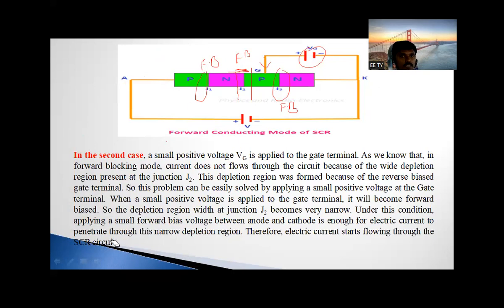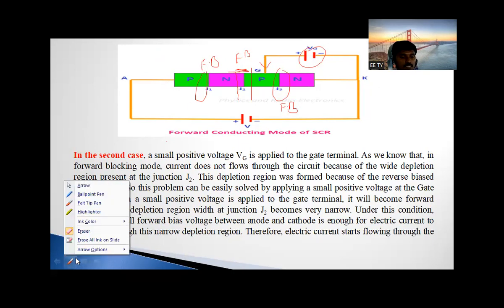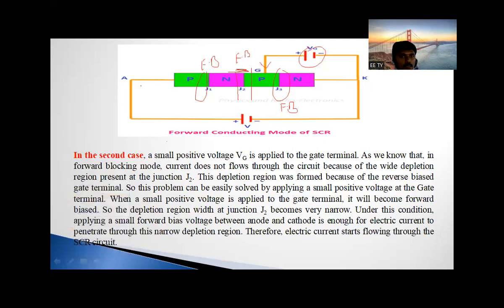When the three junctions are forward biased, the current will flow from the positive terminal of the supply through the anode, through the cathode, and to the negative terminal of the supply or battery. Clear? So now the circuit is closed, and the device is turned on. That's why the current is flowing.